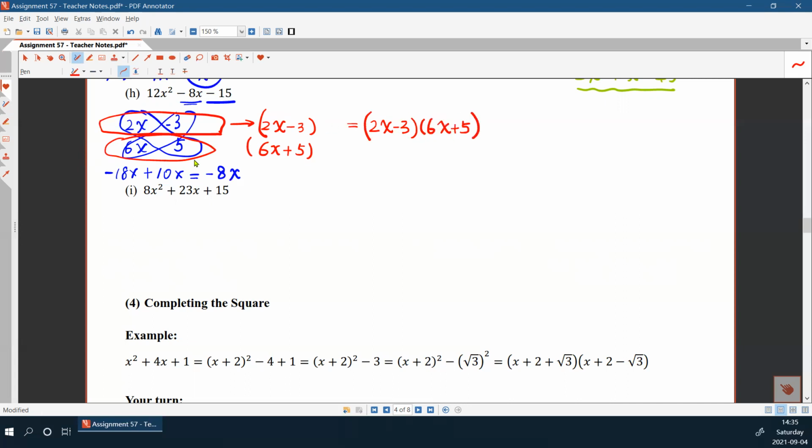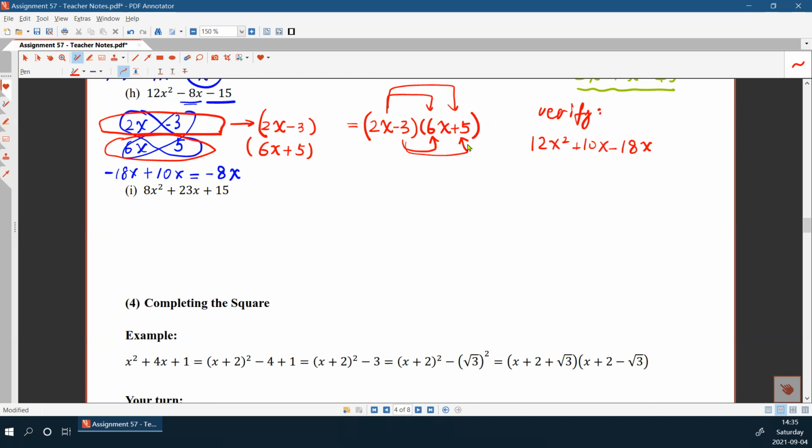And again, for some more complex cases, I strongly recommend you verify your results because you can easily make mistakes here. So if we verify the result, first 2x by 6x will give us 12x squared, right? And next 2x by 5 will give us 10x. And then minus 3 times 6x gives us minus 18x.